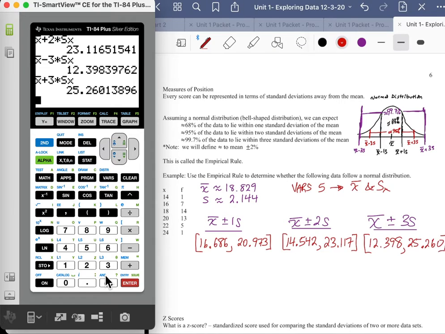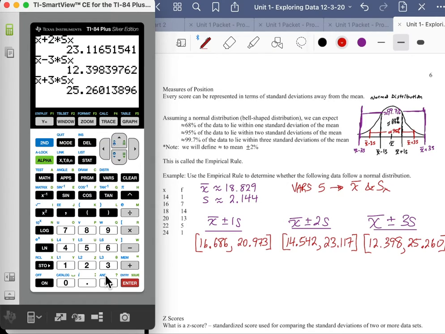If you do it this way, you don't have to worry about any issues that might emerge due to rounding. All right. So if you take the rounded answers for the mean and the standard deviation, even though you rounded those correctly, it might introduce an unacceptable amount of error in the intervals that we come up with. And if that's the case, then you could end up drawing the incorrect conclusion.